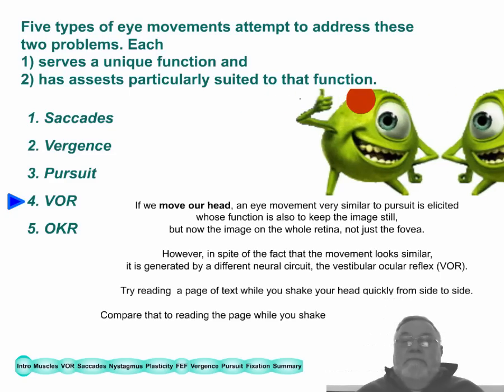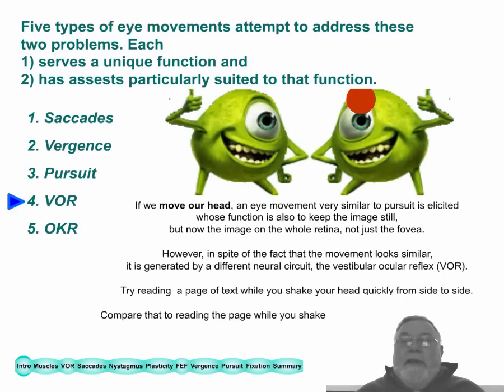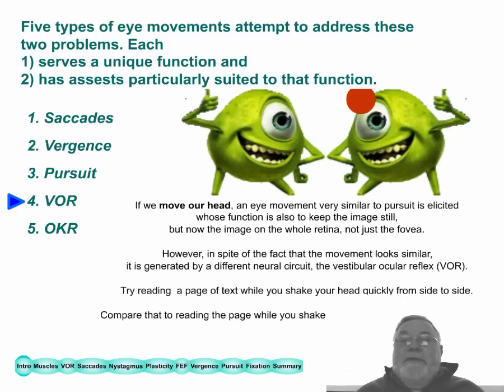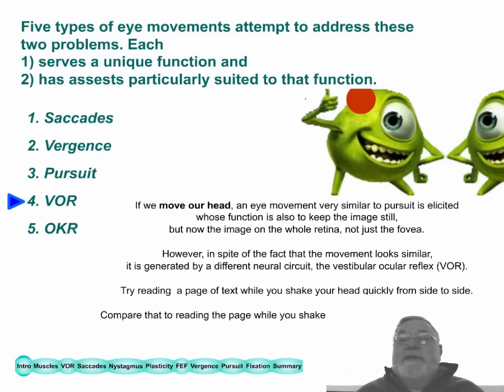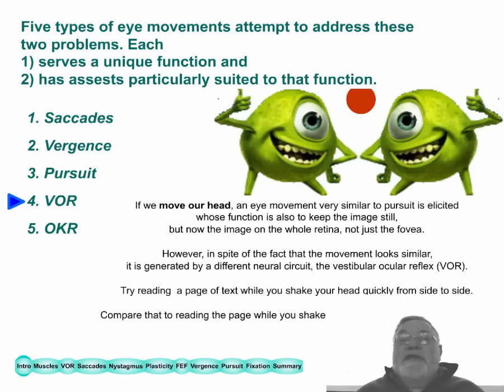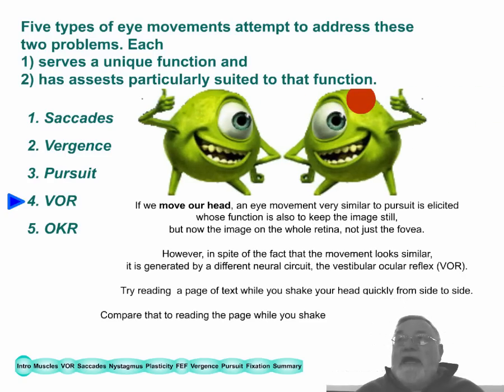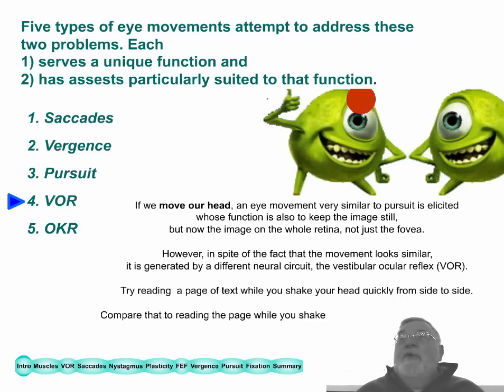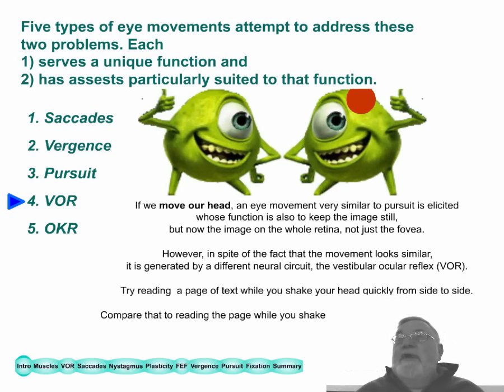And the other thing is that it's trying to stabilize the image on the entire retina, whereas before we were just trying to stabilize the image on the foveal part of the retina.